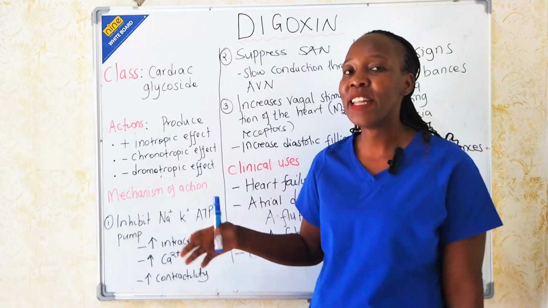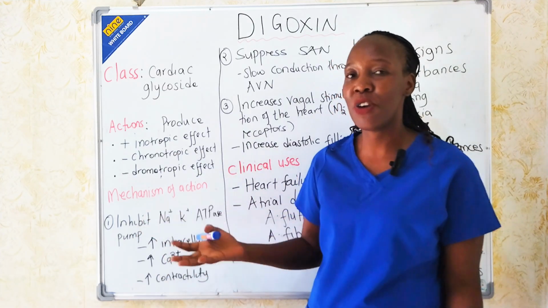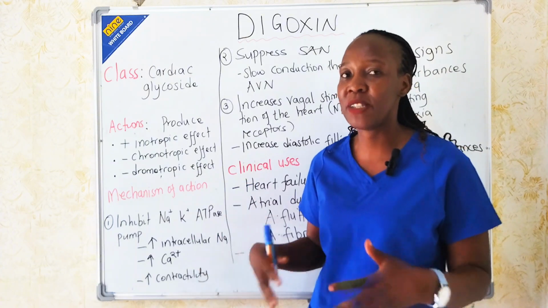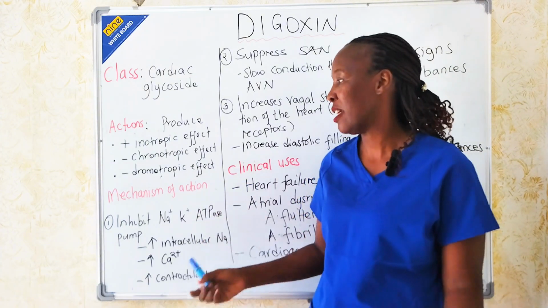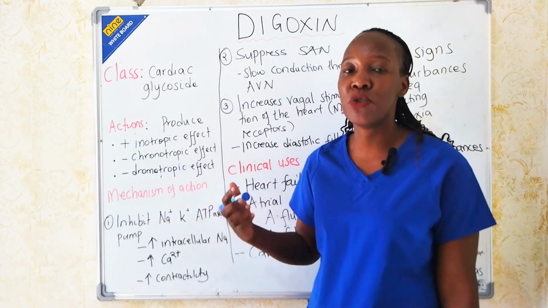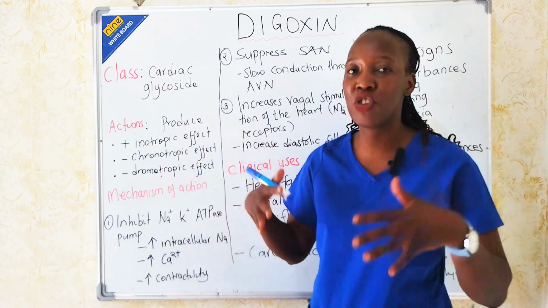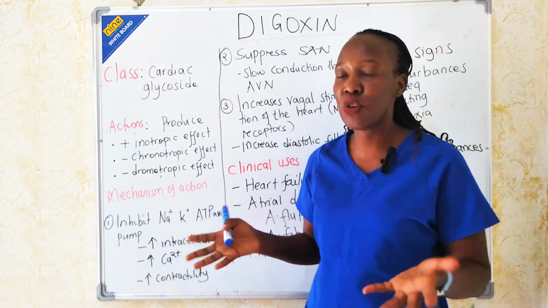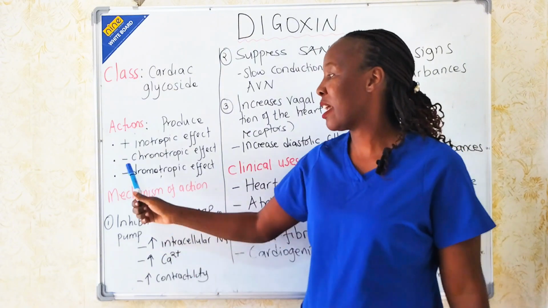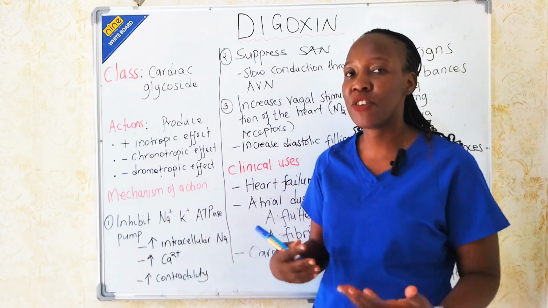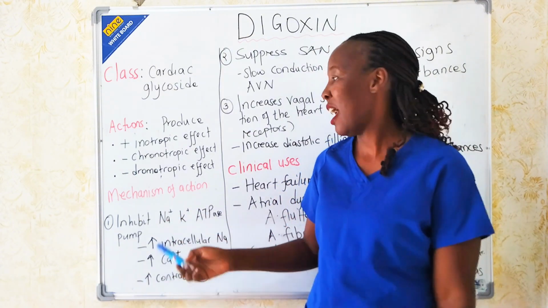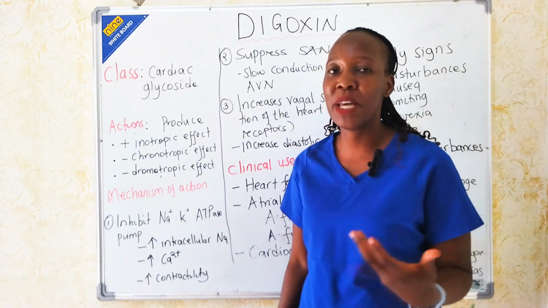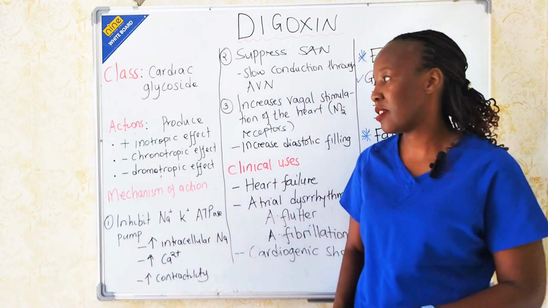We can have a negative chronotropic effect or a positive chronotropic effect, depending on what's happening to the heart. And then dromotropy is to do with the conduction velocity of electrical impulses from the sinoatrial node to the left ventricle. Now, when we have a negative dromotropic effect, we are having a reduction in conduction velocity. A positive dromotropic effect would be an increase in conduction velocity.